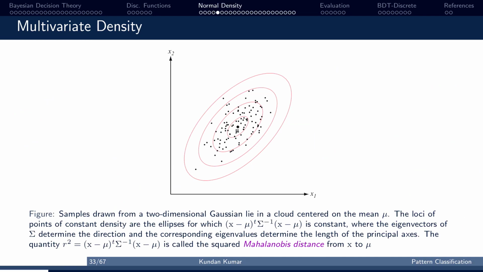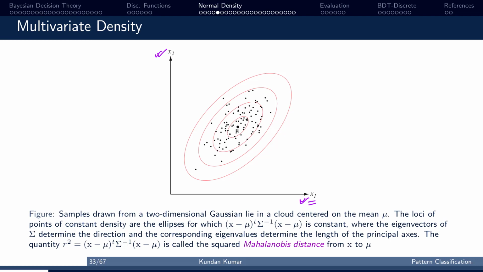Now let us see how the multivariate density function looks. Try to understand this multivariate density function with respect to some experiment. Suppose we are in the two-dimensional space where the two feature components are x1 and x2.